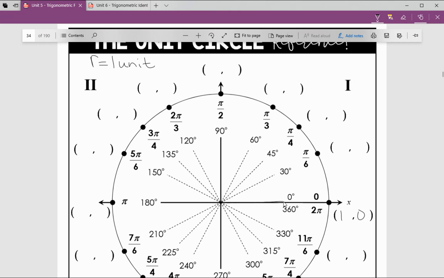So I'm traveling over to here, and then I'm traveling straight up, 90 degrees. There is an ordered pair associated with that. The ordered pair associated with this point that represents 30 degrees and pi over 6 radians is square root 3 over 2 and 1/2.